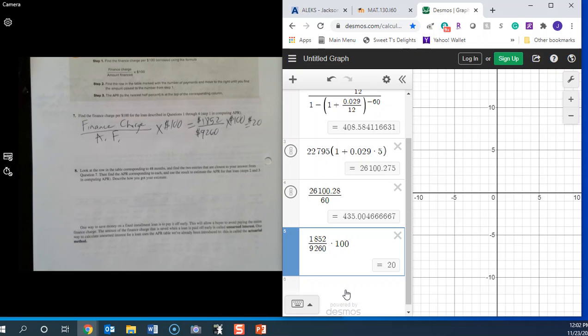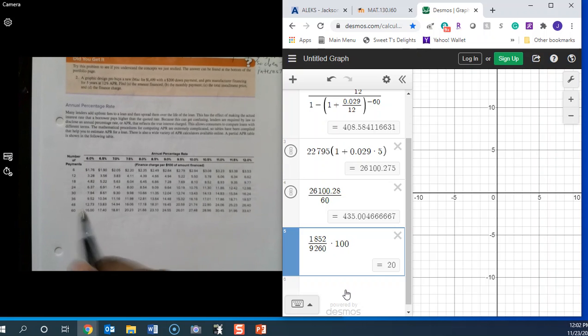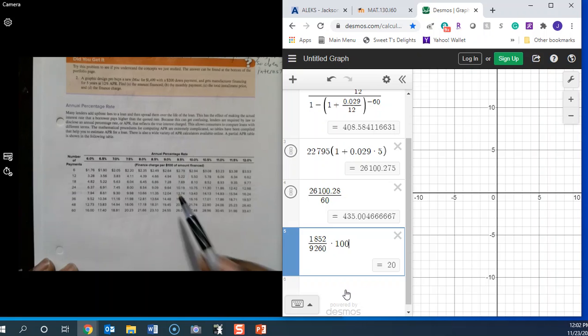Then find the APR corresponding to each and use the result to estimate the APR for the loan. Steps 2 and 3 in computing APR. Describe how you got your estimate. Okay, first of all, we go back to this table. We go to 48 months. And then we try and find $20. If we cannot find $20 exactly, we'll try and find the number or numbers closest to it.